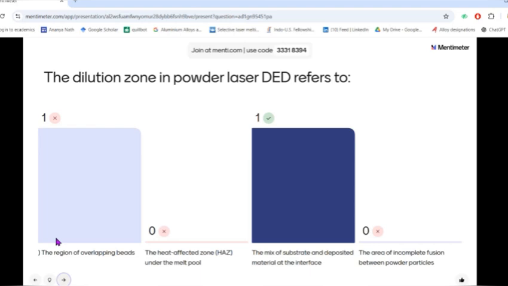No, it's not the overlapping beads. The overlapping bead is the overlapping zone. Dilution is the mixing of one layer into the previously deposited layer. So it can be mixing of the deposited layer with the substrate, or one deposited layer with the previously deposited layer.